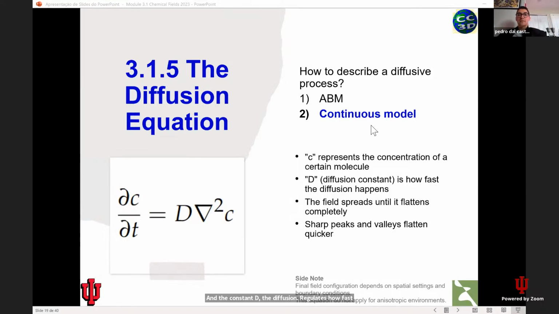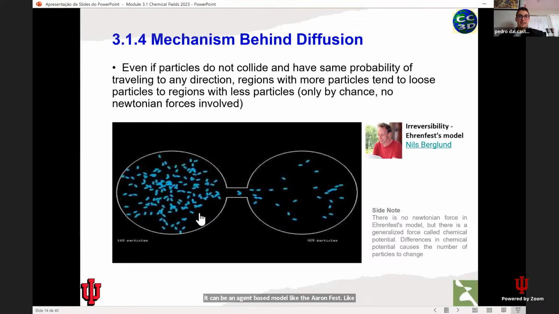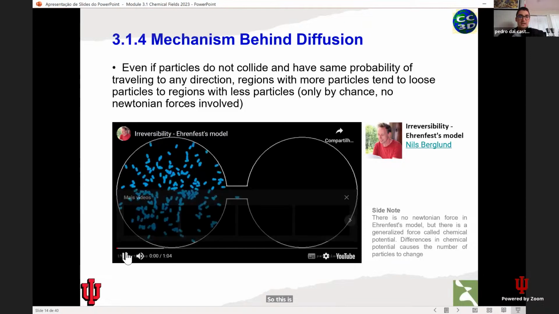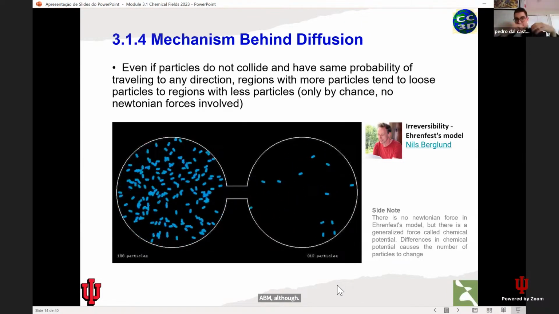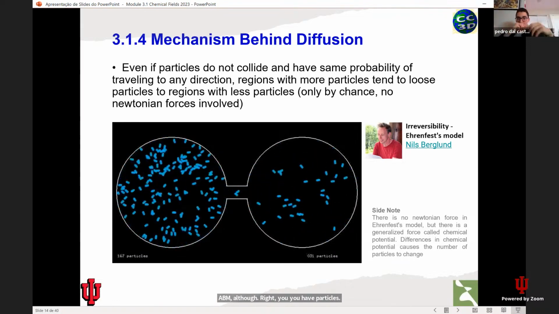And you can describe the diffusive process in two ways. It can be an agent-based model like the Ehrenfest model. So this is an ABM. You have particles, they don't interact in this case, but they could.